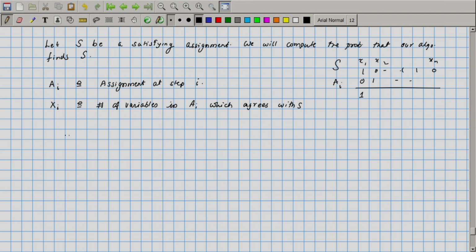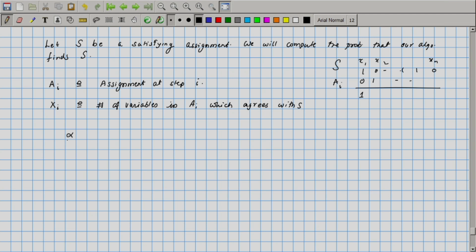If you look at this random variable X_i, initially it is some number, let us say alpha, and then it keeps on changing. It might even decrease at a certain stage, but we want to know the probability of it increasing.